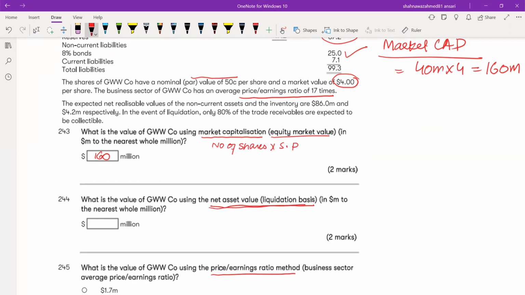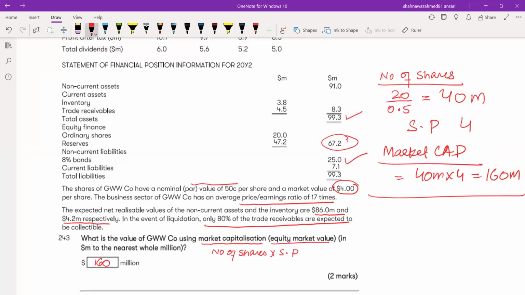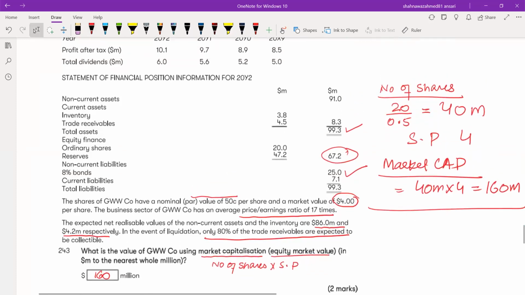Second one is about the net asset liquidation method. The expected NRV of the non-current assets and the inventory is 86 million and 4.2 million. In the event of liquidation, only 80% of the receivables are expected to be collectible. So in the second question, my equity value is 67.2 as per total assets minus liabilities.